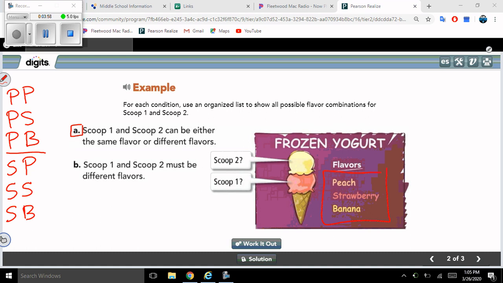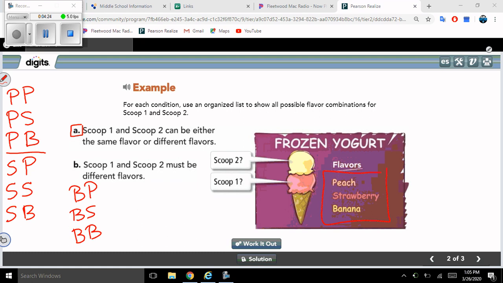Last but not least, what if you wanted banana to be your first scoop? You could go banana followed by peach, banana followed by strawberry, or banana followed by banana. So obviously, if you take a look at this, you have what appears to be 9 different possible combinations, if you look at first scoop versus second scoop.